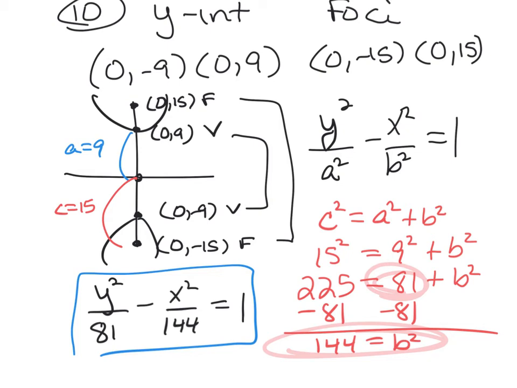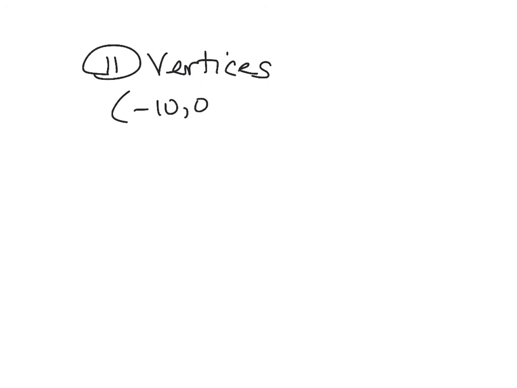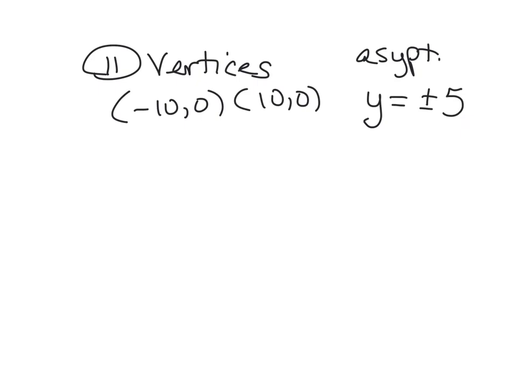Everybody good? All right, now we're going to go back and do an asymptote and a vertex. This is where it's critical, because the asymptote is a simplified fraction, so it's critical that you solve it as a proportion. So number 11: vertices located at (-10, 0) and (10, 0), and I have an asymptote at y equals plus and minus 5x.